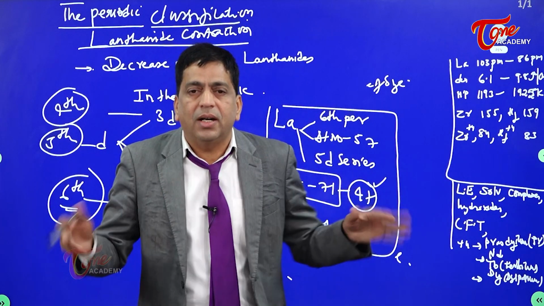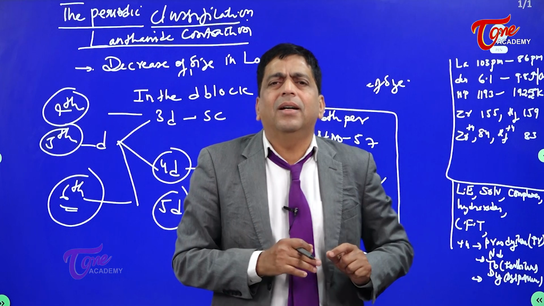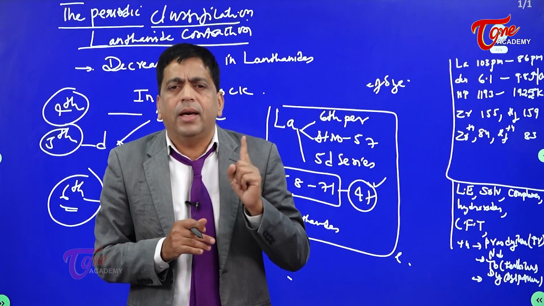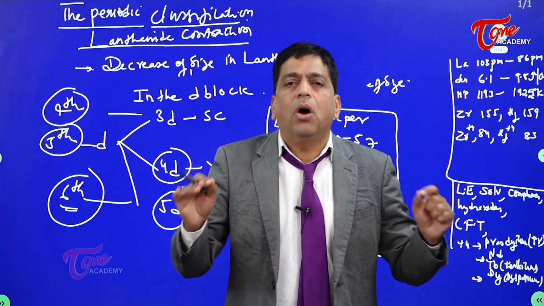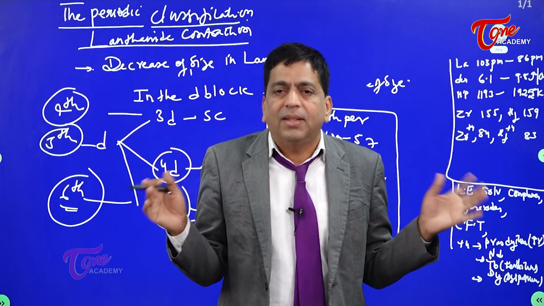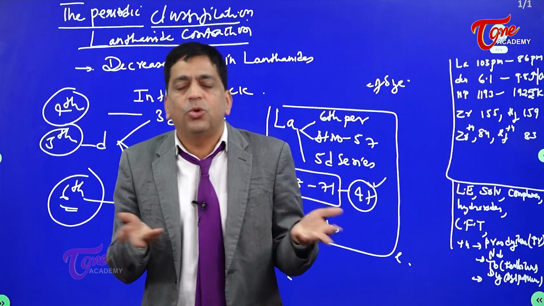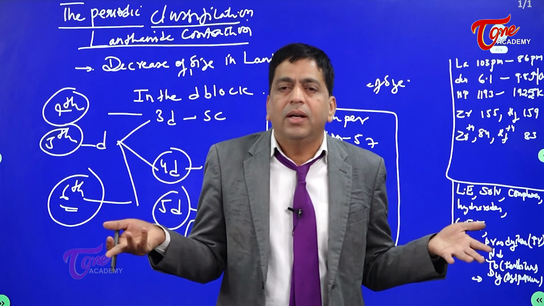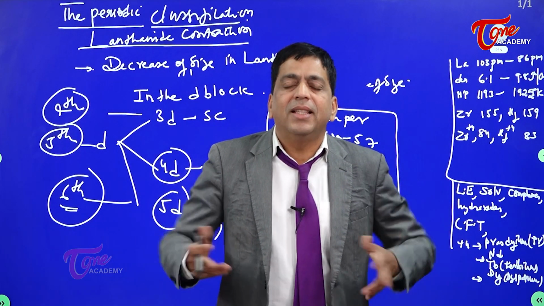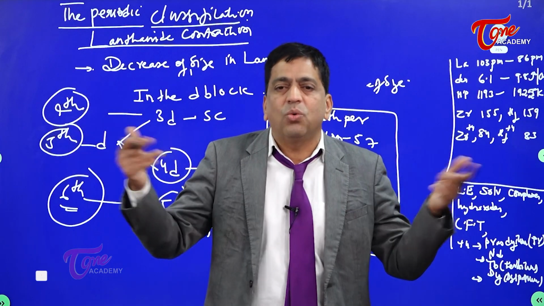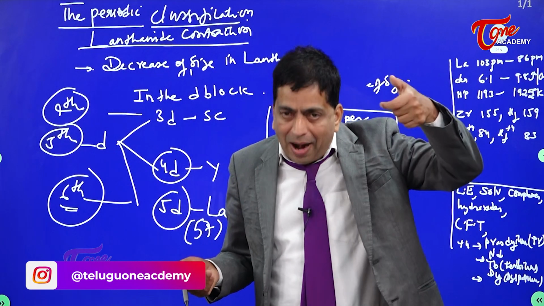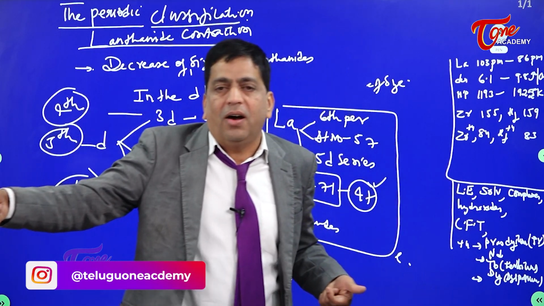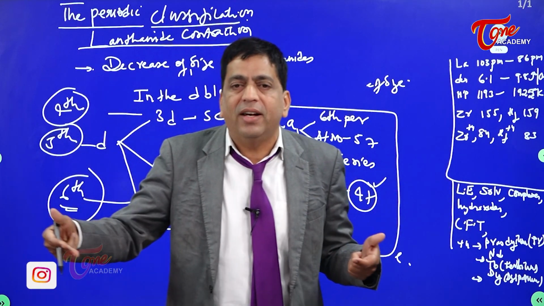But to be clear, lanthanum is a D block element, and 58 to 71 are F block. Technically we consider 57 to 71 because I wanted to compare how the size varies from lanthanum to lutetium, that is 71.